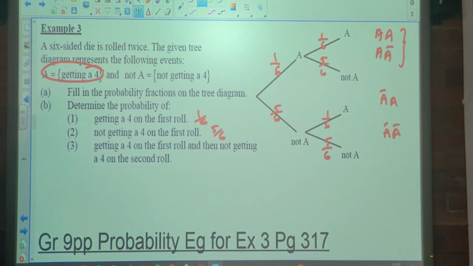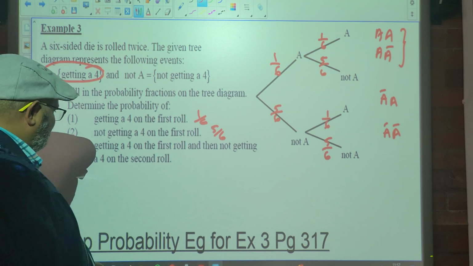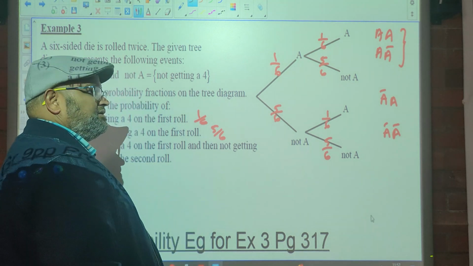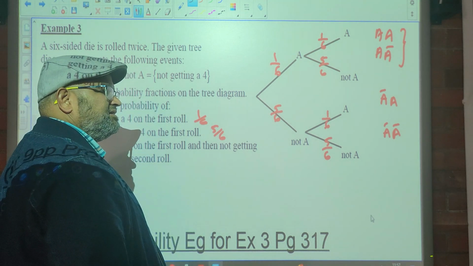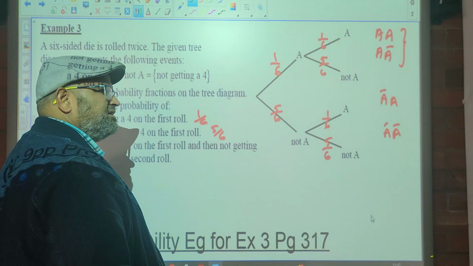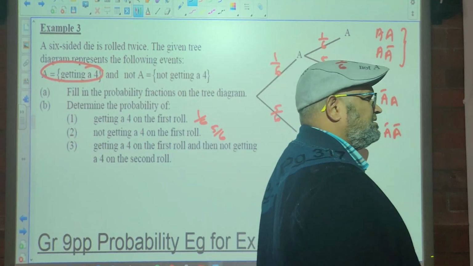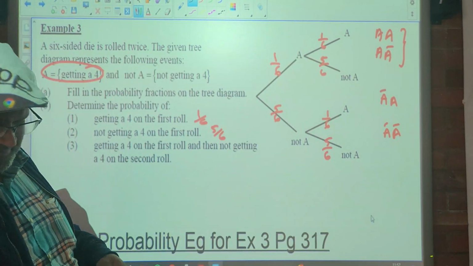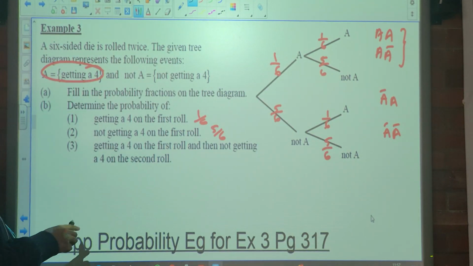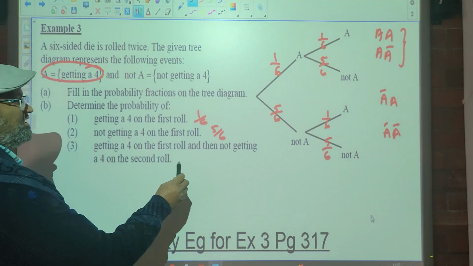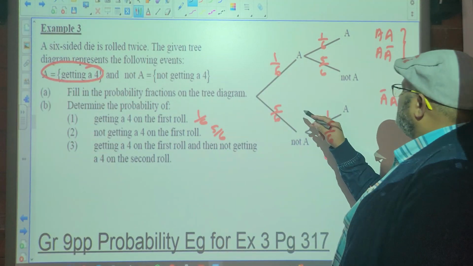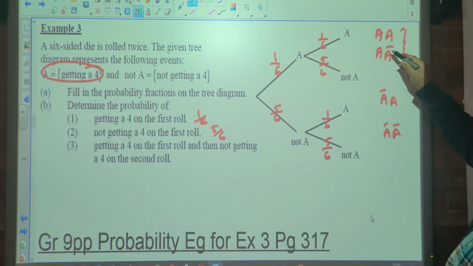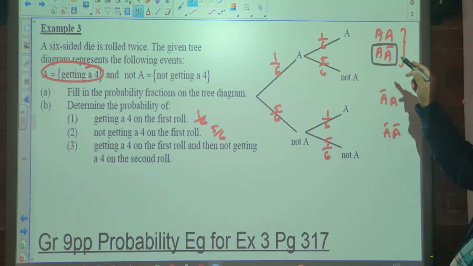Number 3. Getting a 4 on the first row and then not getting a 4 on the second row. So that is what they're talking about.